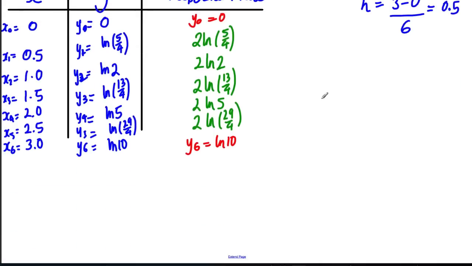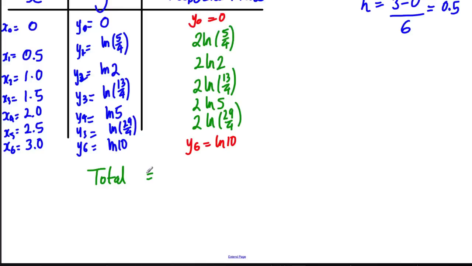So we're going to total this column up here. So we type all of these in our calculator. So we add 0 plus 2 ln 5 over 4 plus 2 ln 2 plus 2 ln 13 over 4 plus 2 ln 5 plus 2 ln 29 over 4, and then we say plus ln 10.